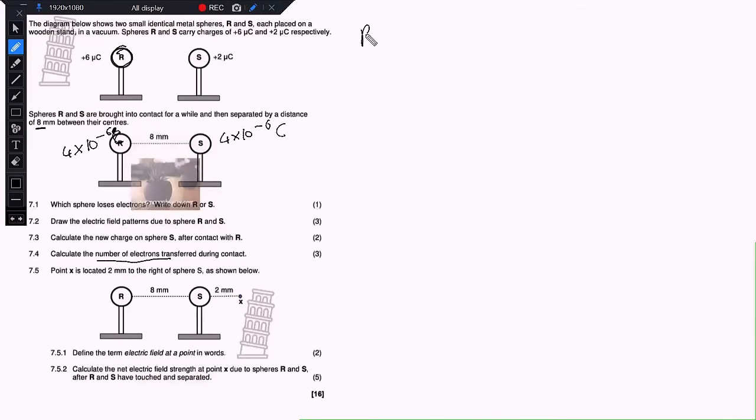So suppose I want to reference based on R, then I will start by writing the formula n is equal to change in Q over e, right? Now the change in Q means it's the Q finally minus the Q initially over e, which is a constant.